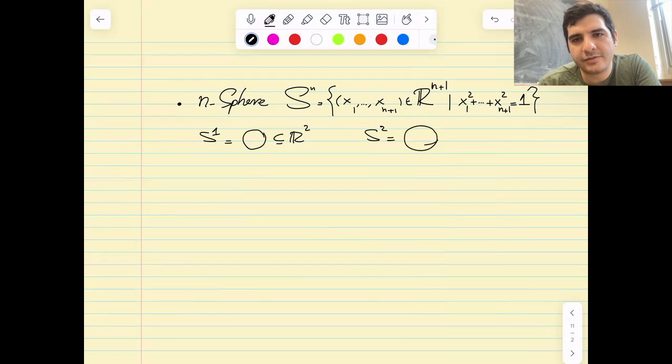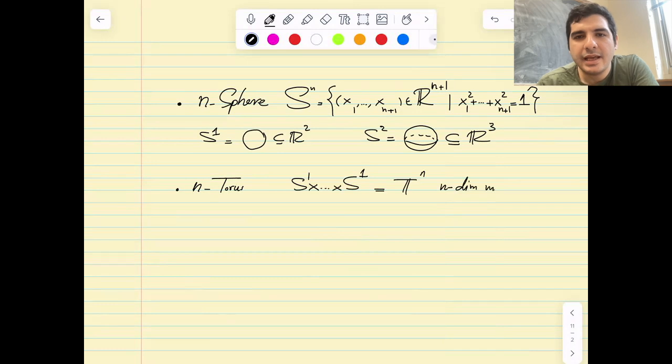S2 is a subset of R3, the sphere, or 2-sphere. So S2 sits inside R3, etc. And then the other example is the n-torus, denoted by Tn. This is defined to be the product of S1 n times. It's an n-dimensional manifold following the product setup we had.